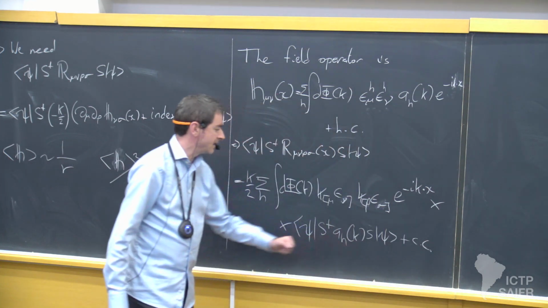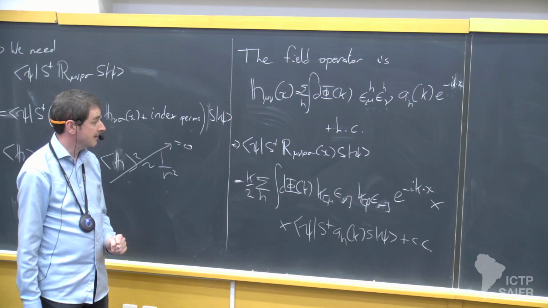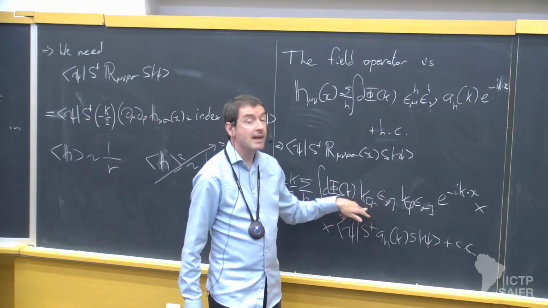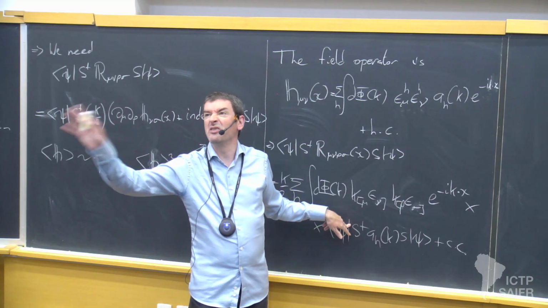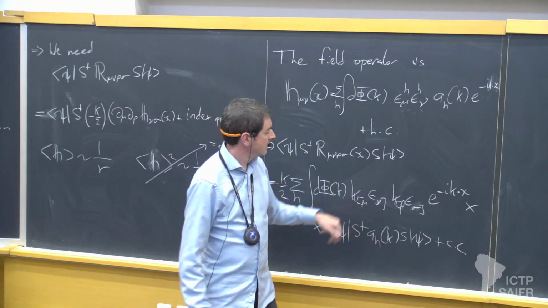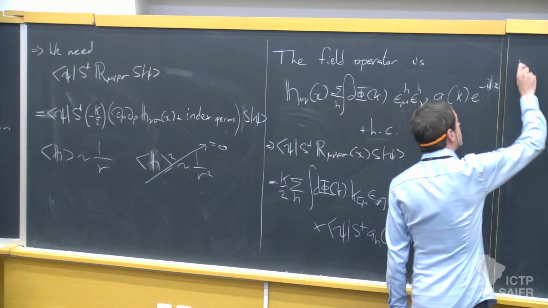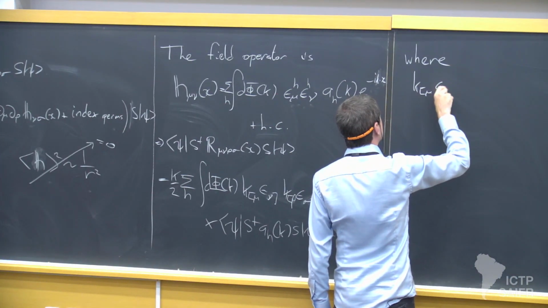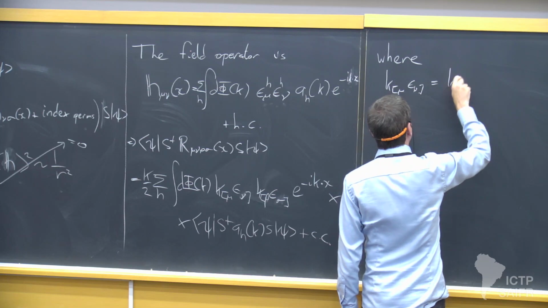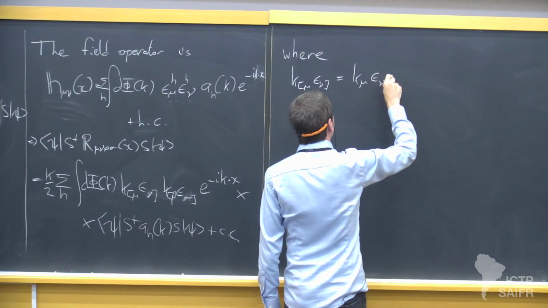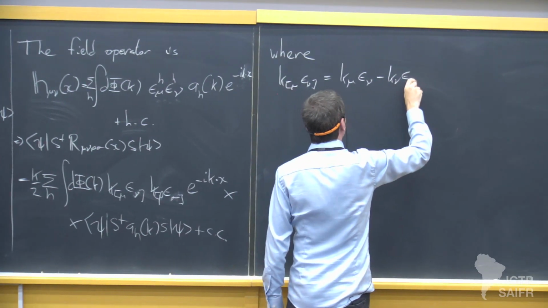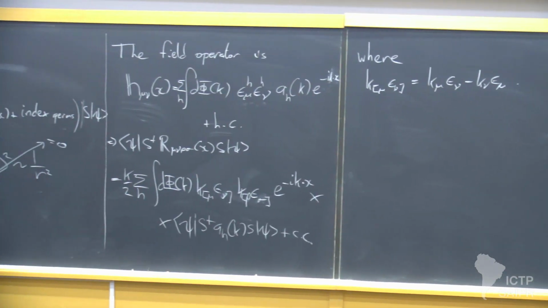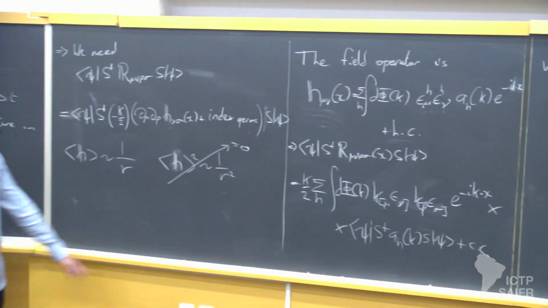So an expectation value of this annihilation operator, basically. Here, these square brackets are antisymmetrization symbols with no factor of 2. Maybe it's worth writing: k mu epsilon nu minus k nu epsilon mu. Okay, so that's our Riemann tensor operator.